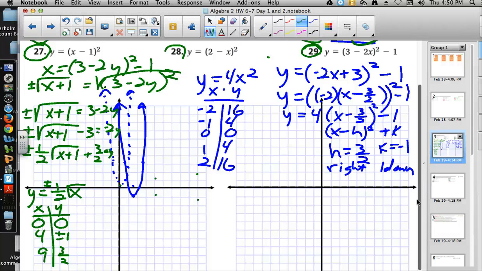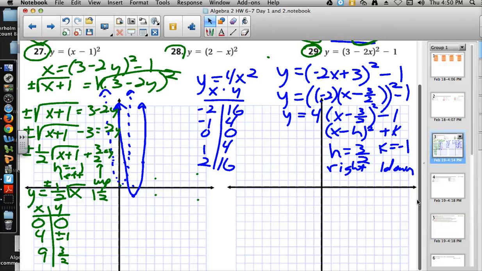But that's not the final product because my h value up here was a -1. That means I need to move this to the left. And my k value was 3/2, which means it's going up 1/2. So the green that I have up there, I'm actually going to switch colors here so I don't get lost in the translation.